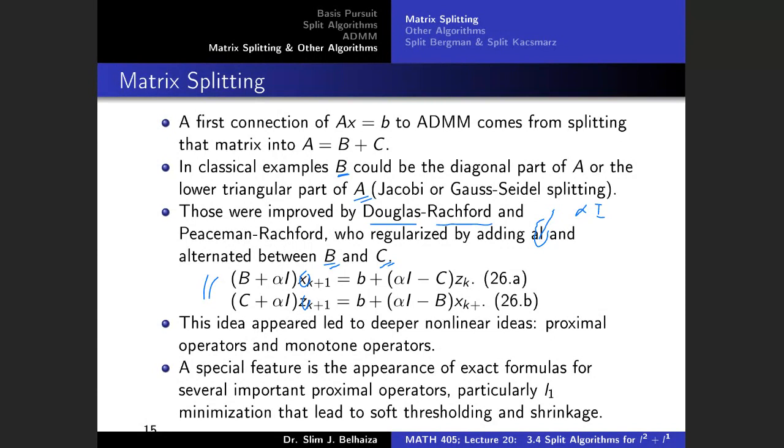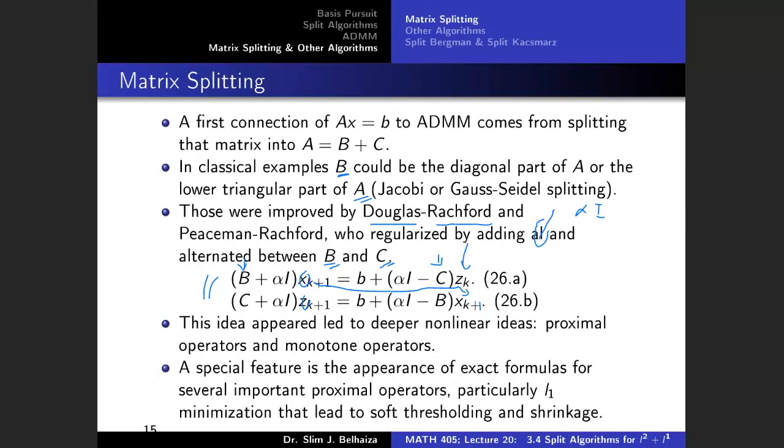Assume that you start with an initial z0. You can compute the corresponding x1 using the matrices you've chosen, C and D, or S and T in our case. Then you take the xk plus 1 and put it back here. Then you compute the z and you go back. You see, the idea now is that you can still use the ADMM methodology to solve a linear system.